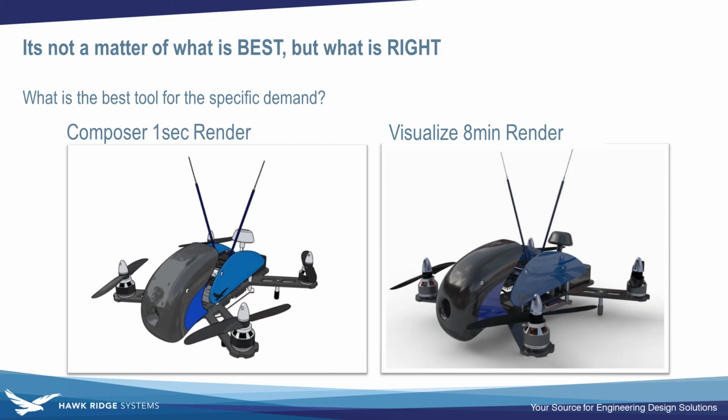Okay, so you might have seen this slide before, and I basically just wanted to show it here to give a feel for anybody who isn't already aware of what Composer and Visualize are. Composer is mainly for creating assembly manuals and any kind of technical communications documentation, such as assembly manuals, operation manuals, disassembly, maintenance, things like that.